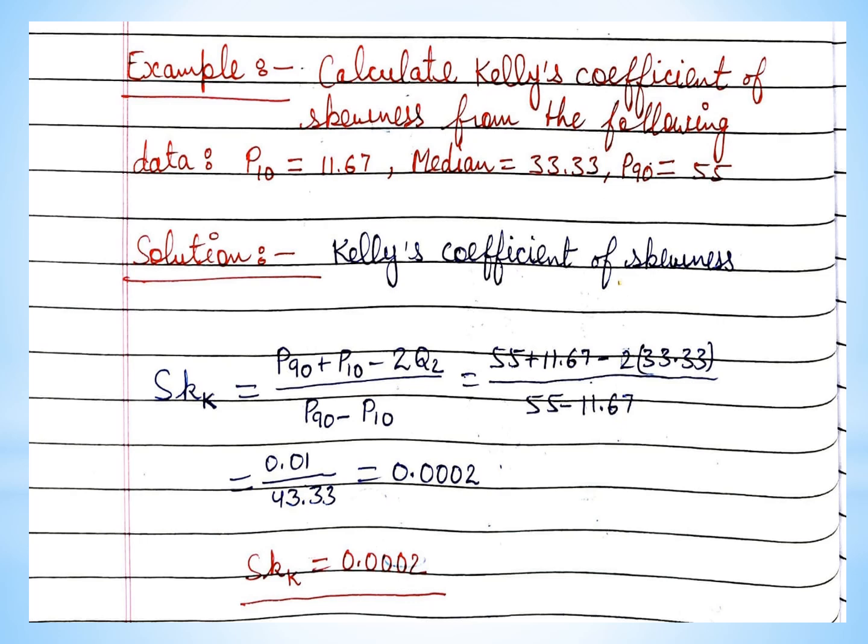Again, in another formula, calculate Cayley's coefficient of skewness from the following data. P10 is equal to 11.67, median is equal to 33.33, P90 is equal to 55, and we have to calculate Cayley's coefficient of skewness.